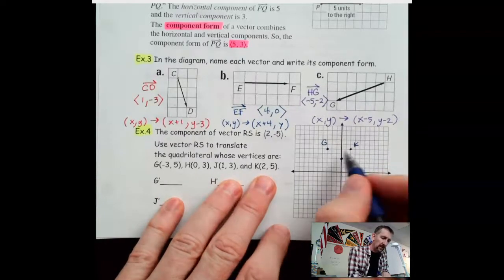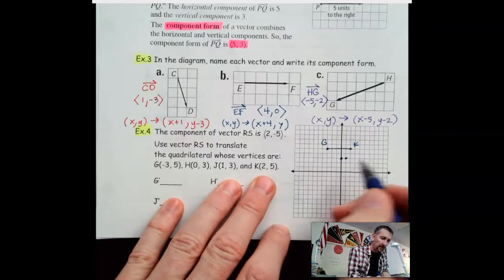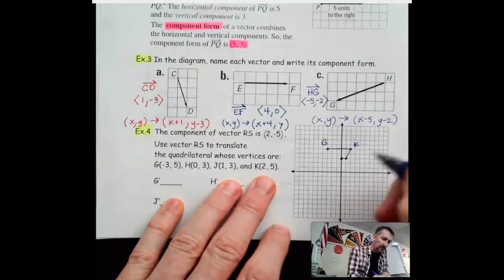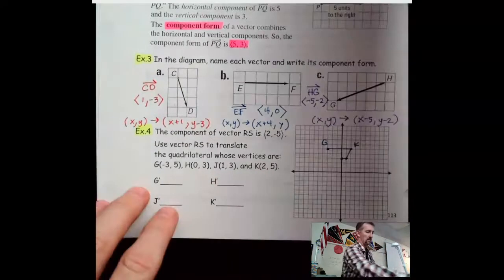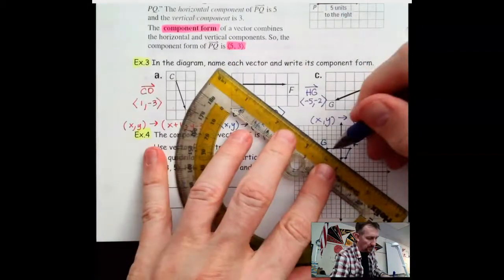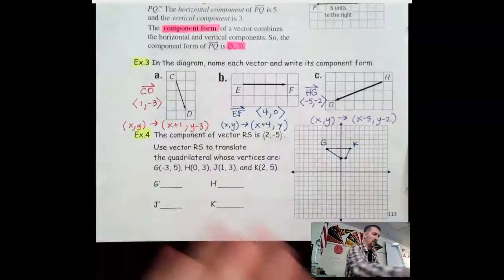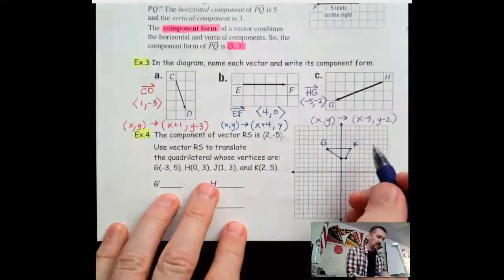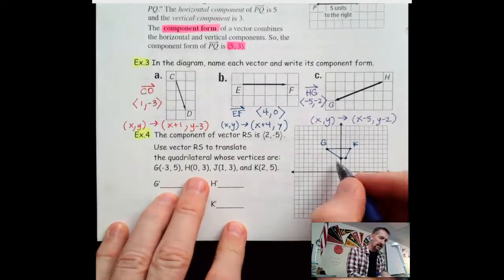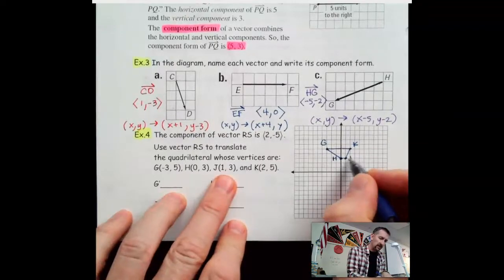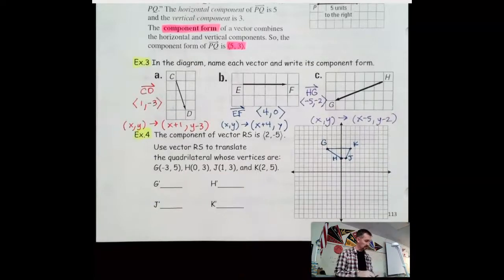That is K. Okay, so that is H right here and J right there.